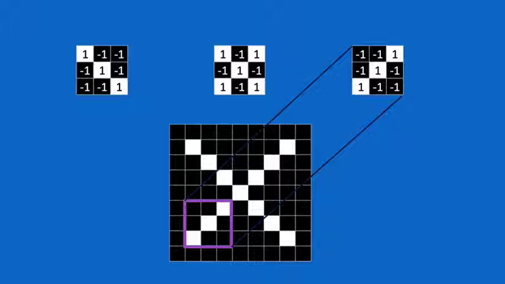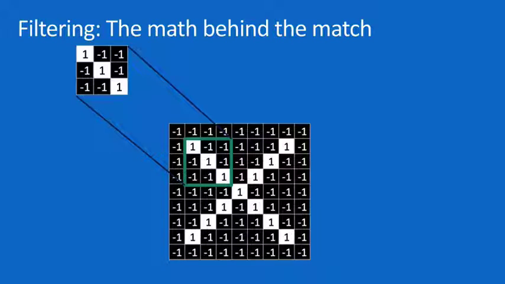So what is the mathematics behind finding whether this feature, or something close to this feature, appears in my original image? The math which tells us whether there's a good overlap, or where in my image I can find this sub-image or filter, is called filtering.